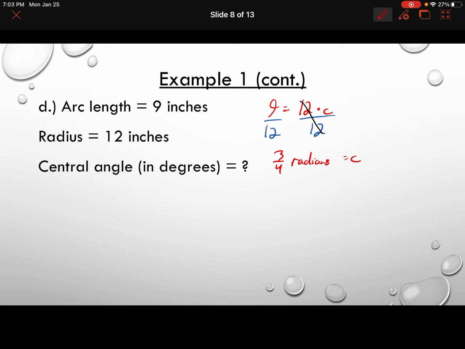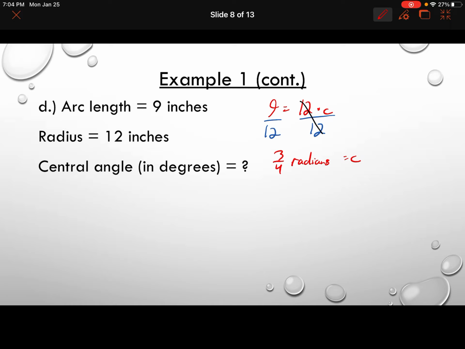There's one of two ways I will introduce to determine our angle in degrees, given the radians. The first way is using proportions. Some of you might be very familiar with setting up equivalent proportions so that you can solve for the variable.